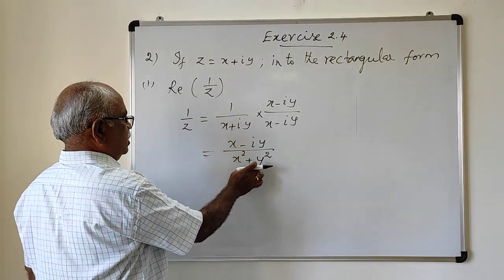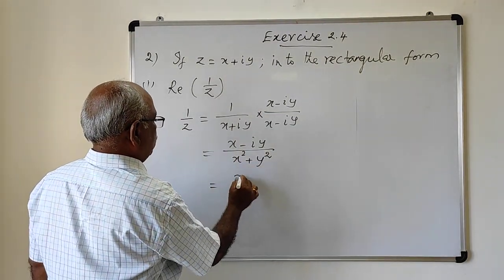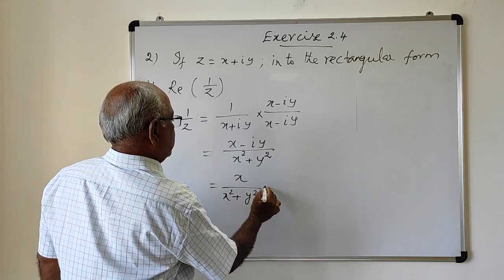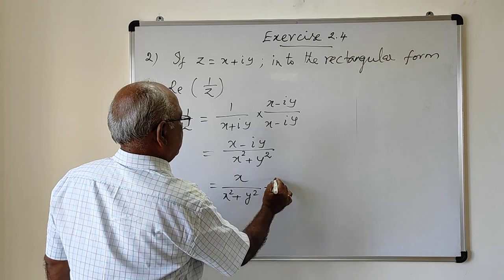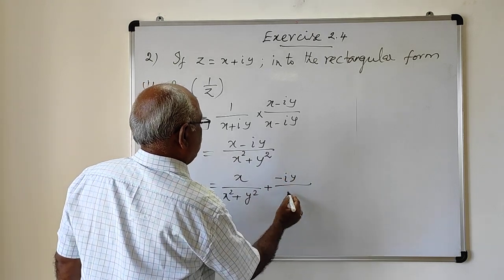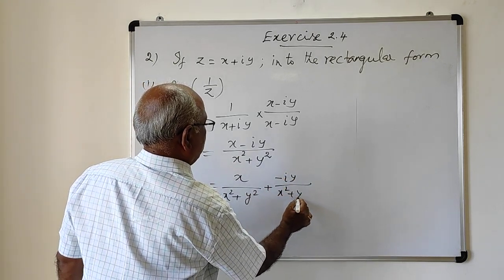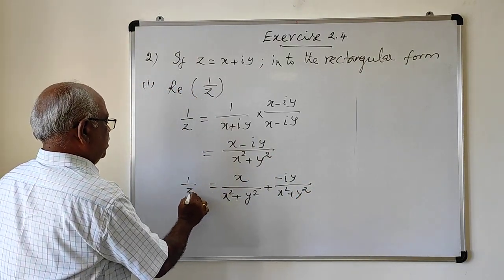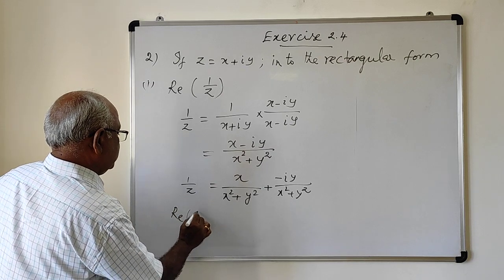Now this is the common denominator. You split this into x by x square plus y square minus iy by x square plus y square. So what is the real part of 1 by z?